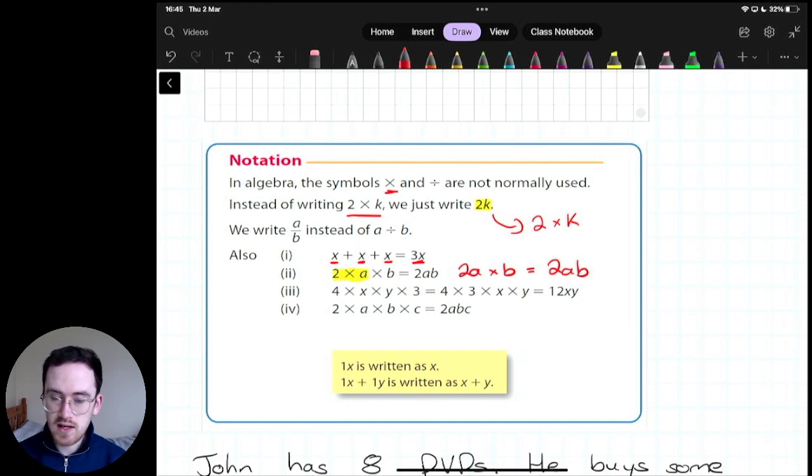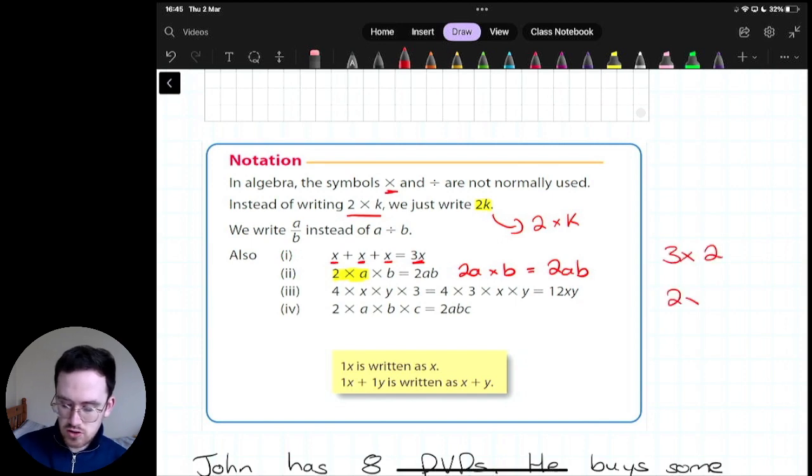We see the same thing in the next one, 4 multiplied by x multiplied by y multiplied by 3. What they've done with this one is they've changed the order. And that's okay with multiplication. We don't have to multiply them in the same order. We kind of know already, if I do 3 multiplied by 2 and I do 2 multiplied by 3, they're going to be the same. Because multiplication is what we call commutative. We can swap the order of them, but we'll still get the same answer.